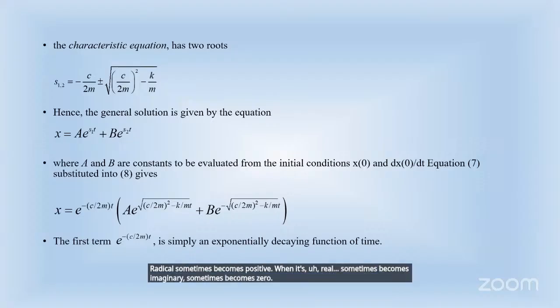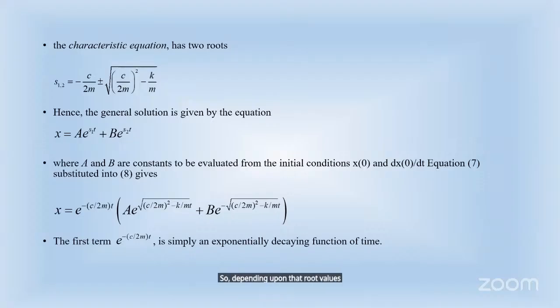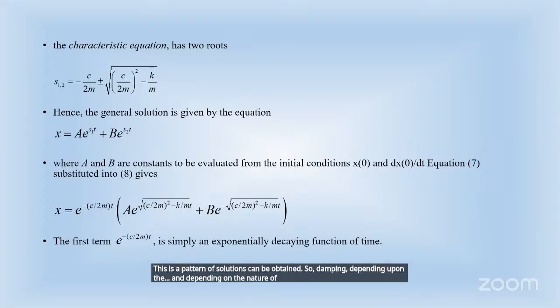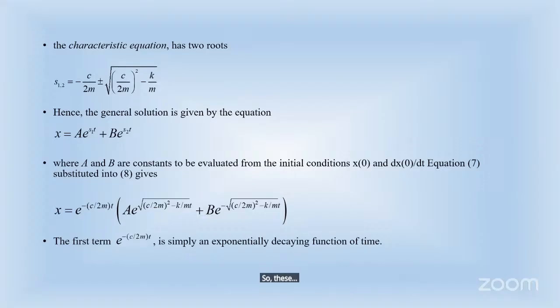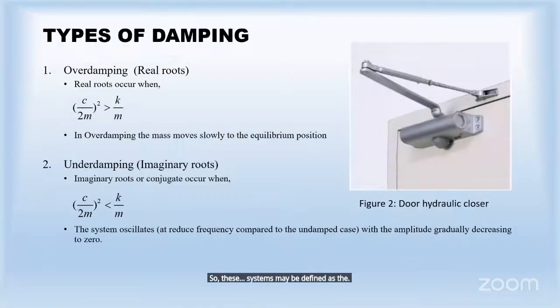So depending upon the values of the roots, real, imaginary, or zero, these patterns of solutions can be obtained. So damping, depending upon the nature of the systems, the systems may be defined as oscillatory, non-oscillatory, etc.